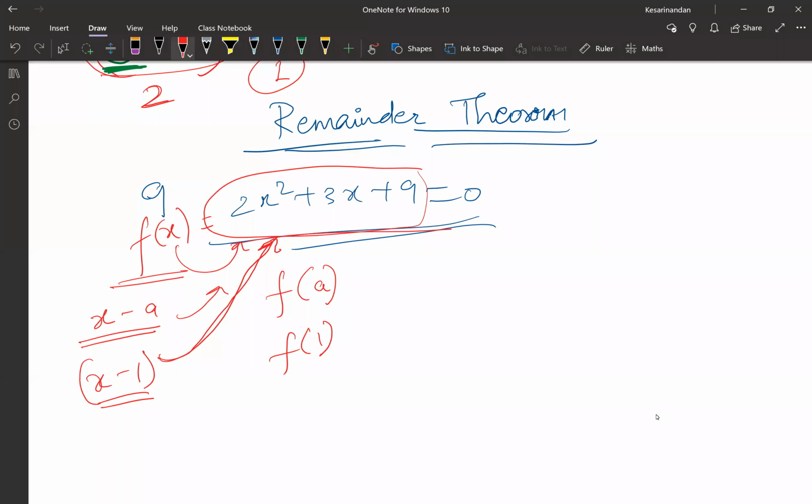Divide this by x minus 1. See what your remainder is, and then do this as well. Let's see what you get. Does the answer match? Let's test it. The remainder is f of 1, right? Yes, the remainder is f of 1. This will be your remainder.